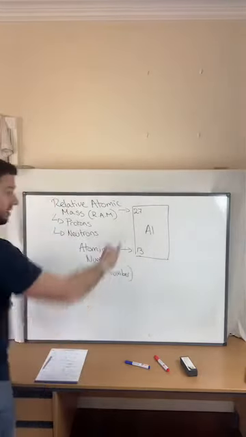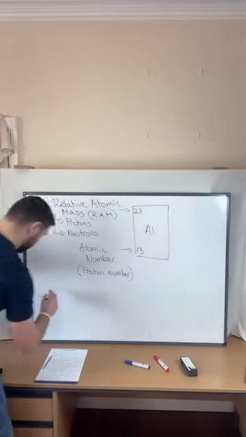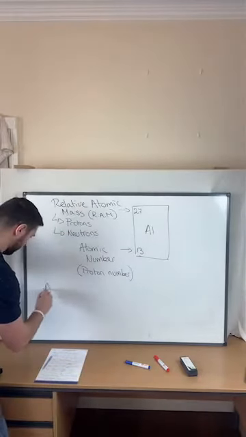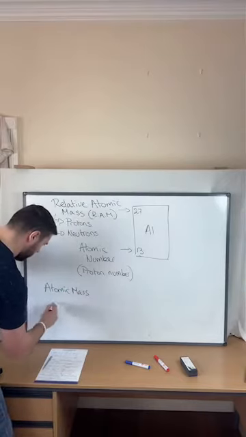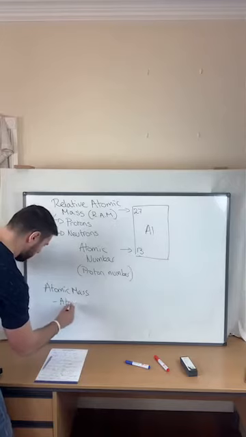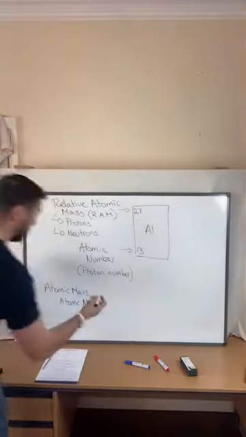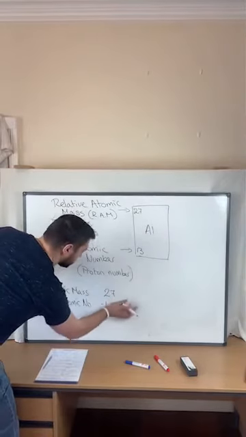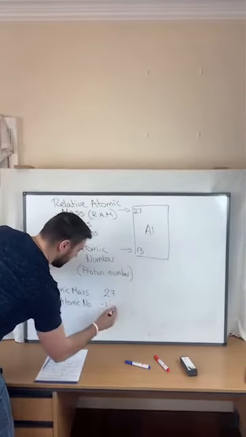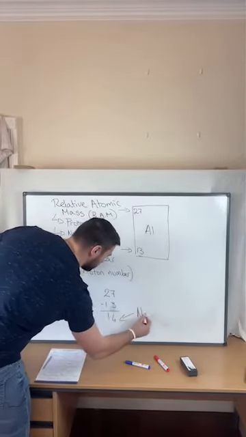How many neutrons does aluminium have? What do we reckon? 14, yeah. Seen loads of people putting it in. So we would just say 27 minus 13 gives us 14, and that right there is the number of neutrons.